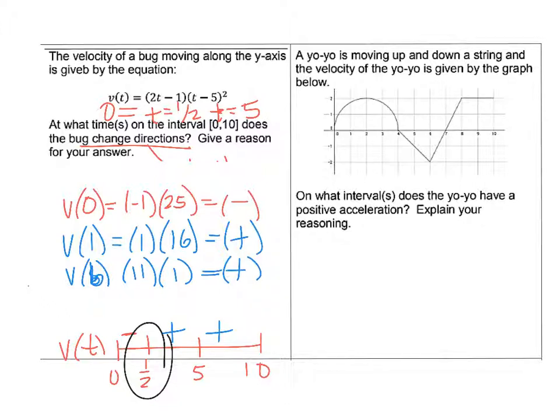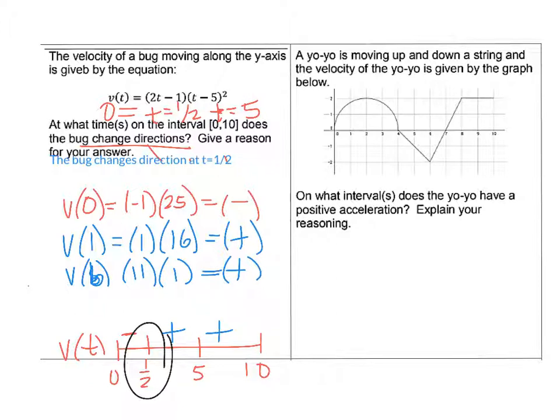So let's write a sentence for that. The bug changes direction at time equals 1/2.